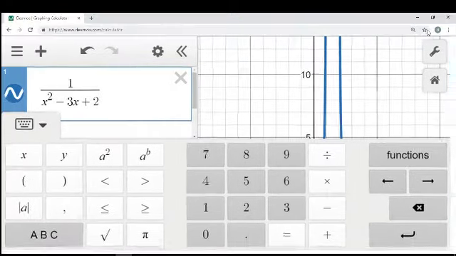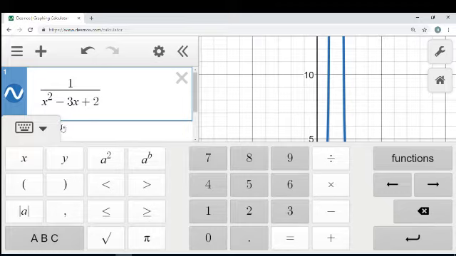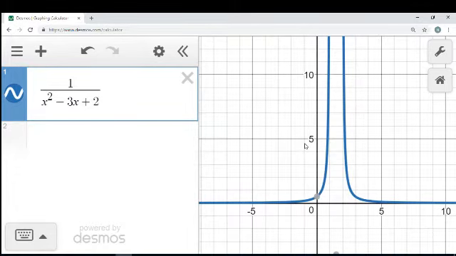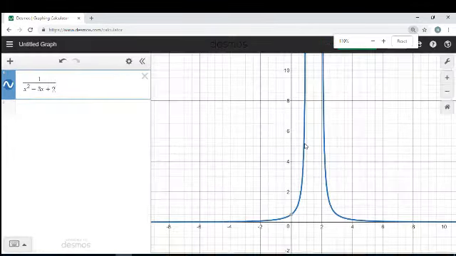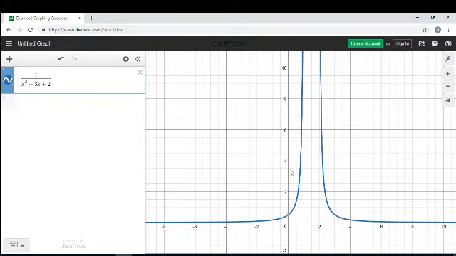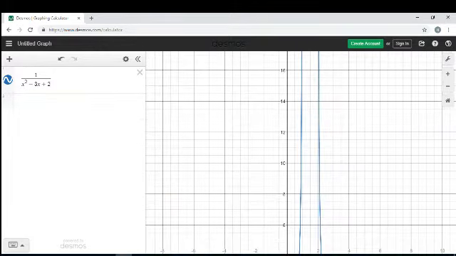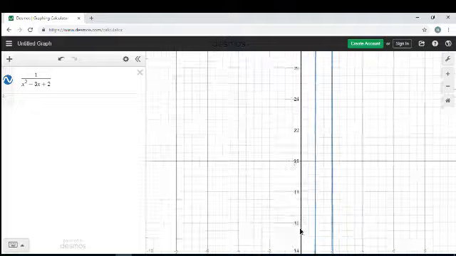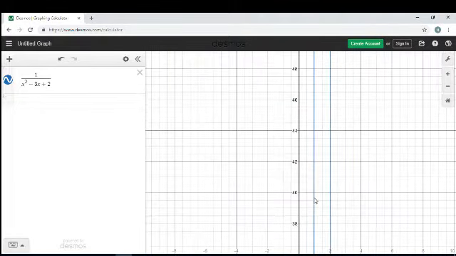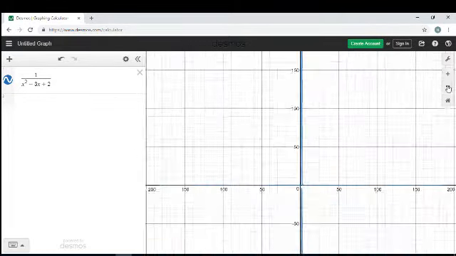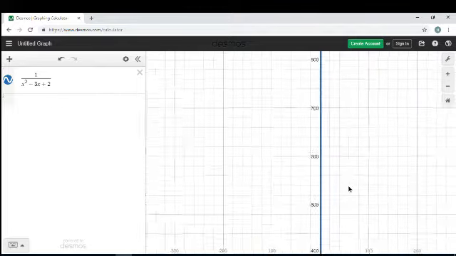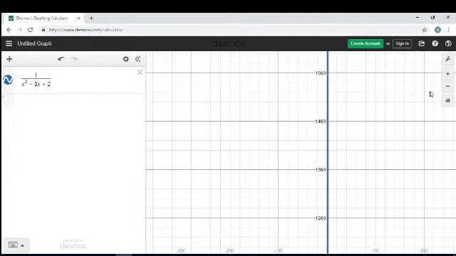This is mostly so we can explain this better. But that range is going to be from 0 to, this should be 0 to infinity.